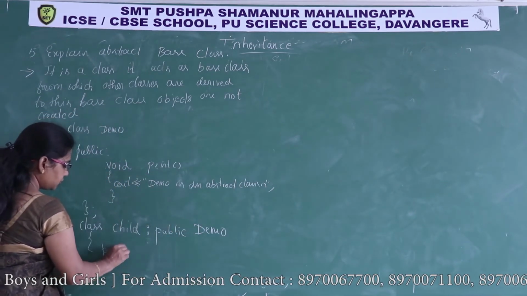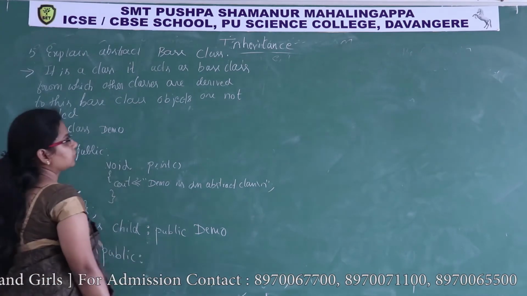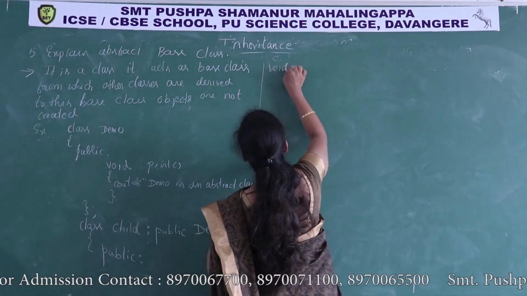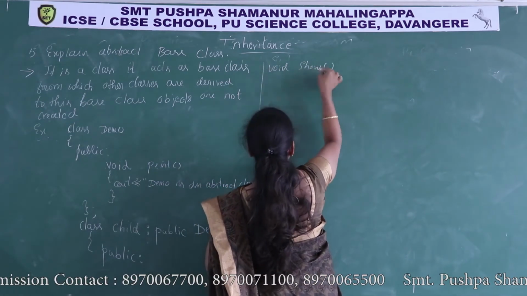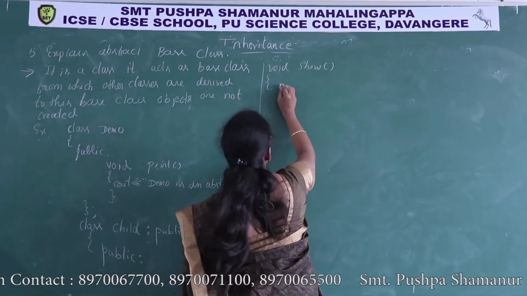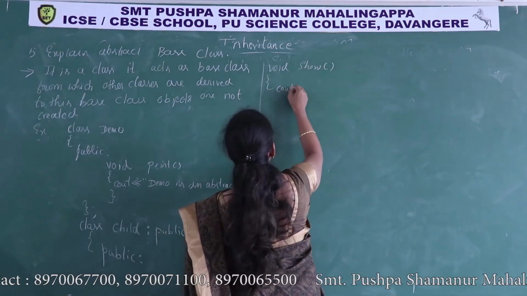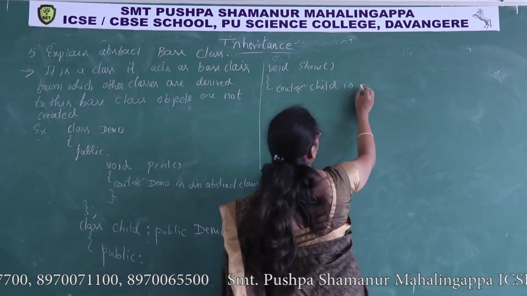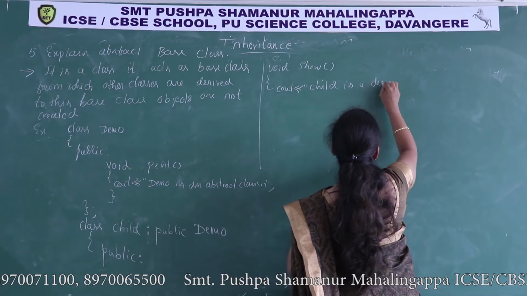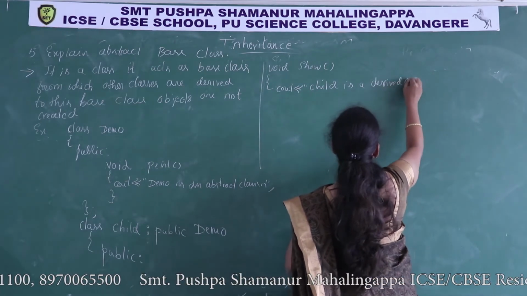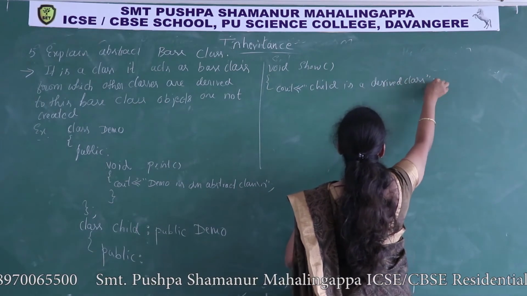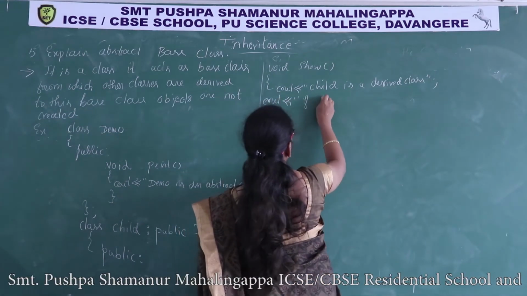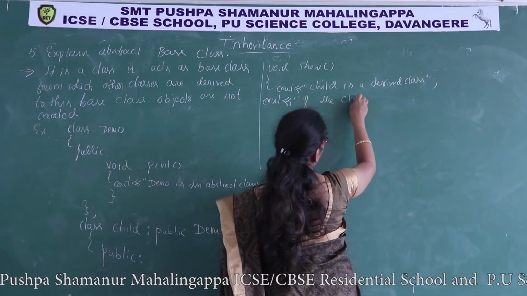In the public section, I'll continue here. Void show, cout child is a derived class of the base class demo.